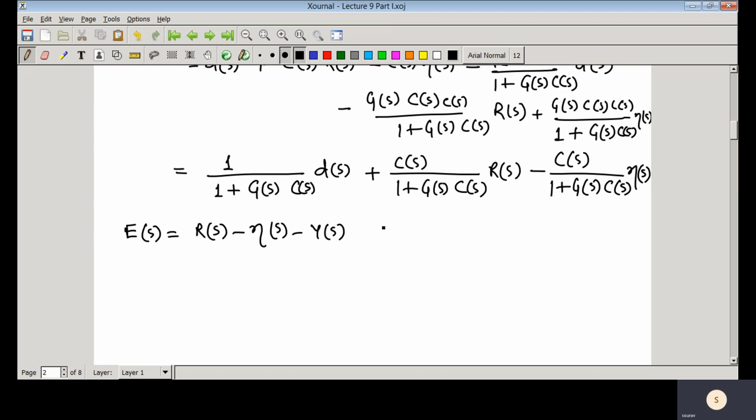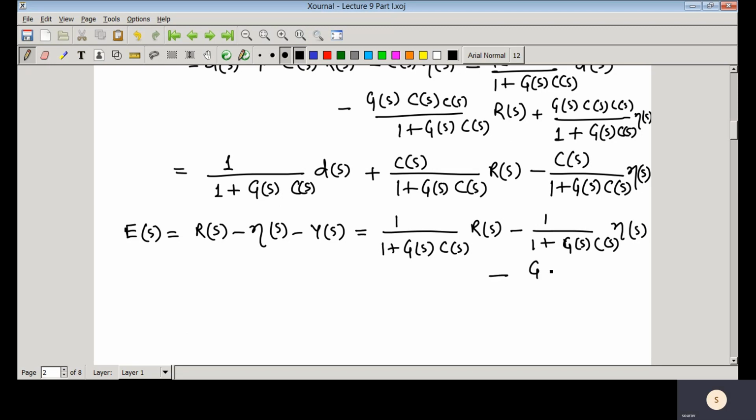In a similar way, if you replace Ys, then you will get the relationship: 1 by 1 plus GsCs Rs minus 1 by 1 plus GsCs eta s minus Gs by 1 plus GsCs Ds.